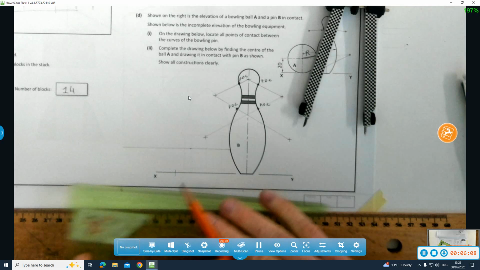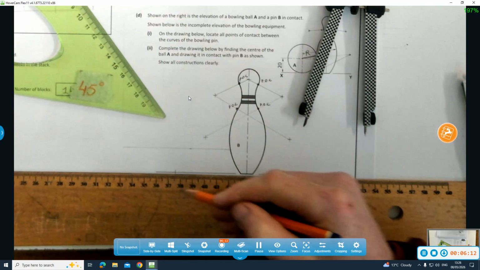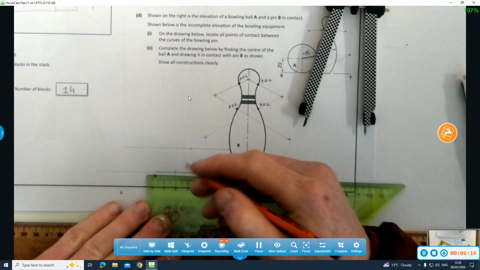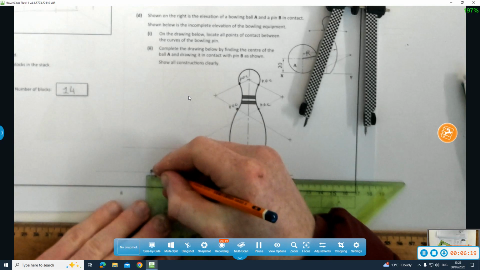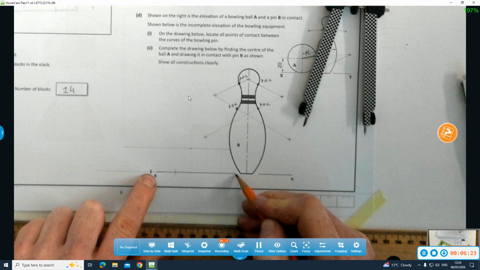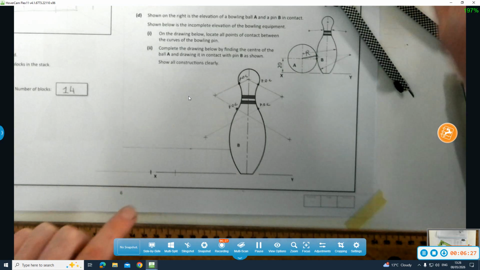So I can add on the extra 20 mil here then. I'm going to extend that and add on the extra 20 mil. So now I know from here to the start of this line is the radius from here to here and the centre of the ball added together.